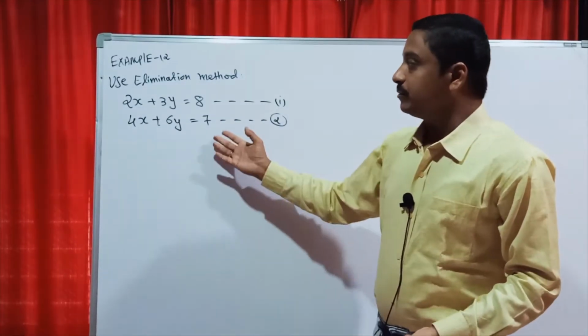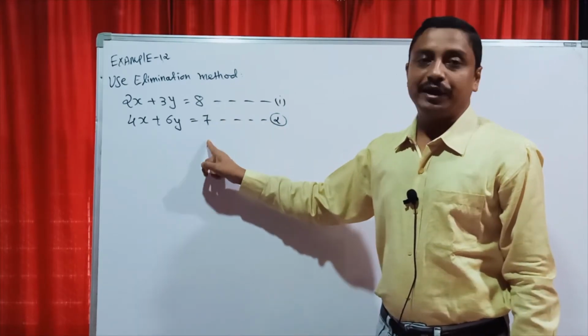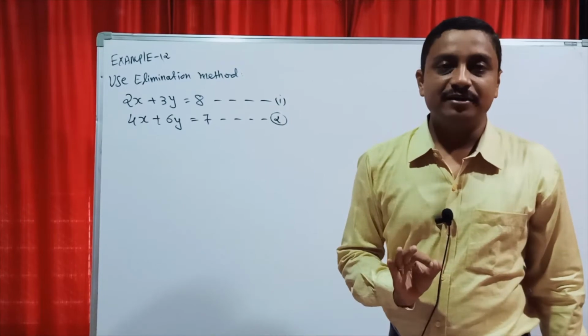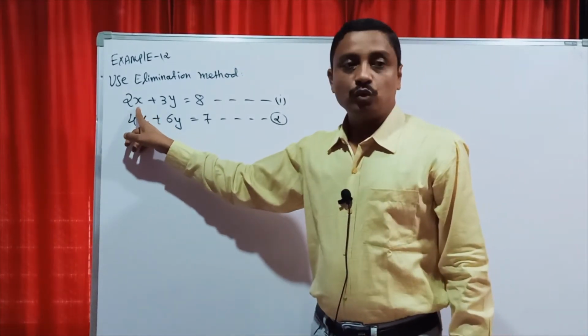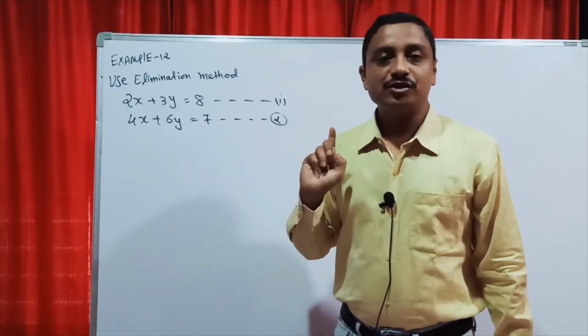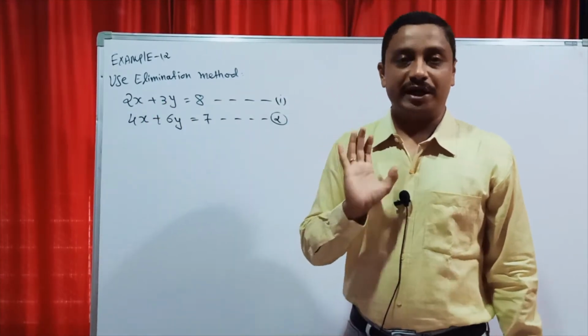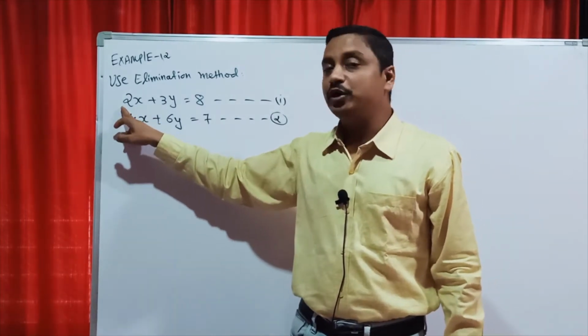Now students, continue with example 12. Using the elimination method, calculate these two equations. Students, first decide what you eliminate, either x or y. If I decide to eliminate x, I multiply by 2.